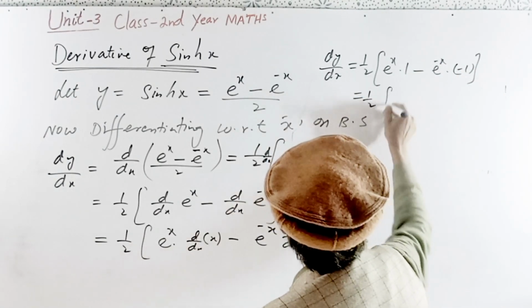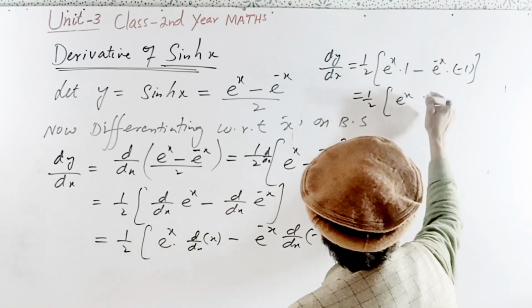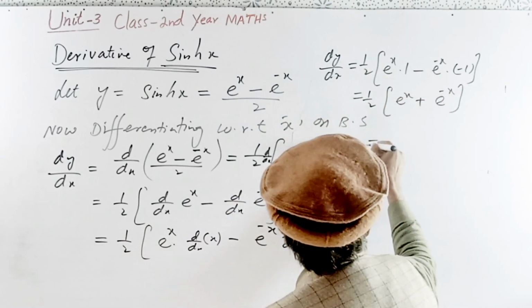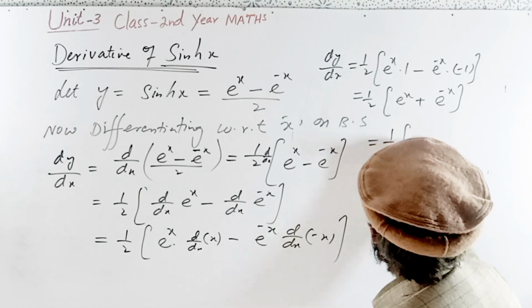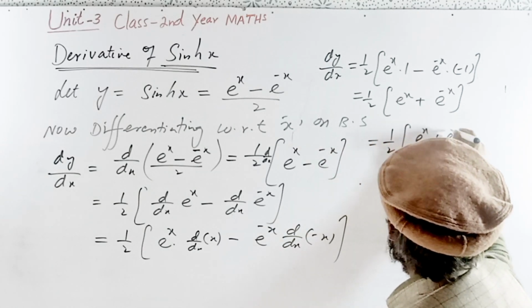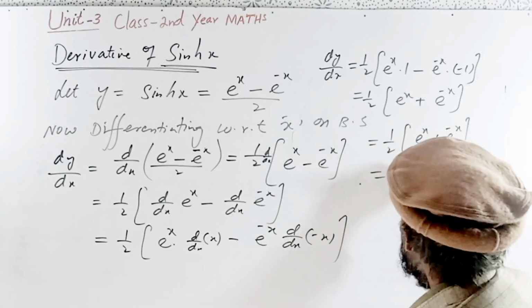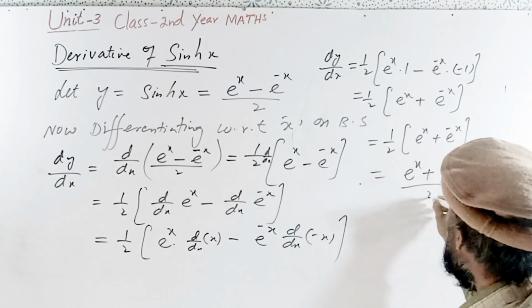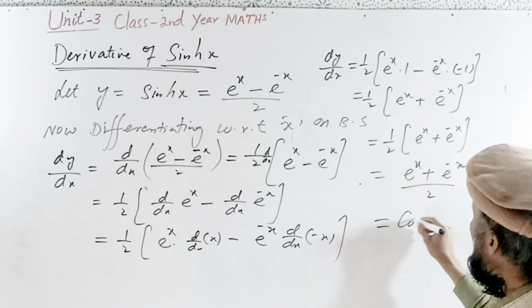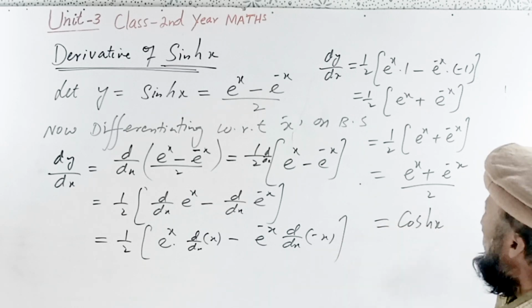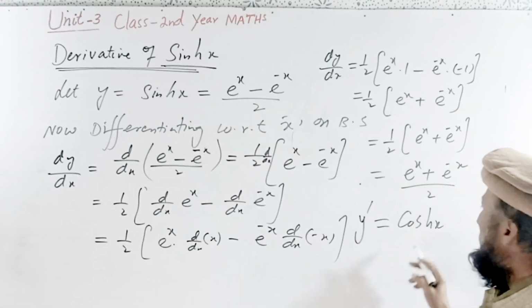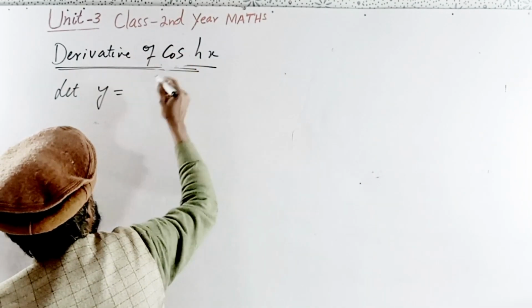So 1 over 2 of e power x plus e power minus x, divided by 2, which is the result of cos hyperbolic x. So the derivative of sine hyperbolic x is cos hyperbolic x.